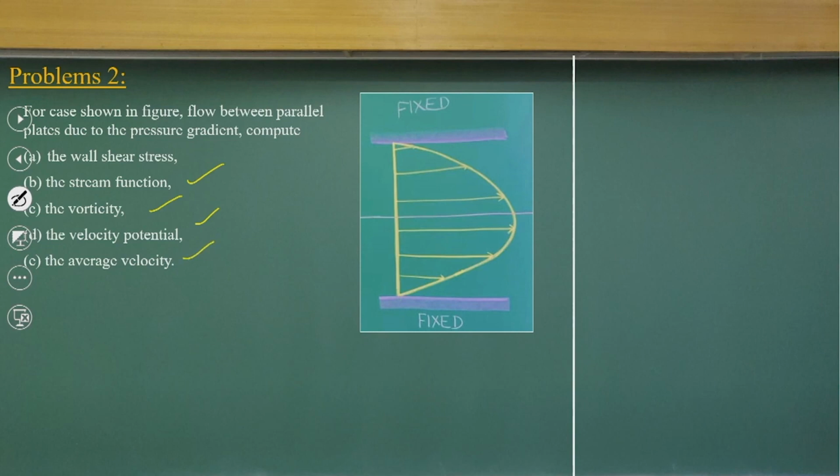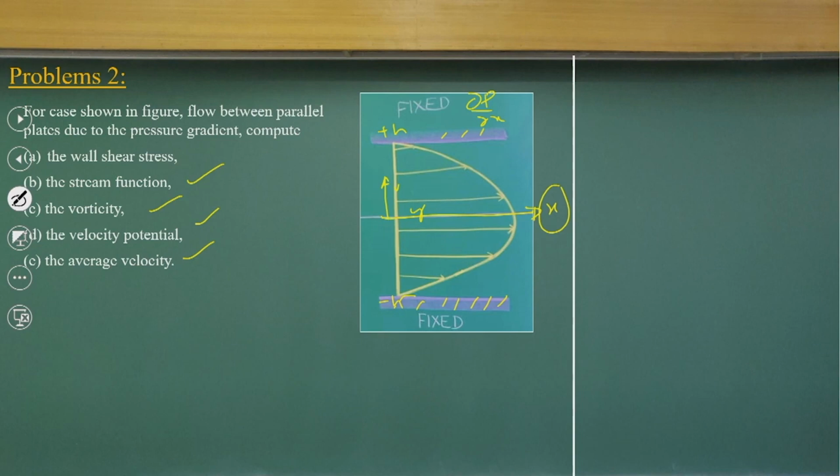So, we are taking the same problem: there is a fixed plate, and the flow is going because of the pressure gradient, del p by del x, along x. There are two plates, and you have the velocity and y, with this at minus h and this at plus h. This is the field we used to solve.